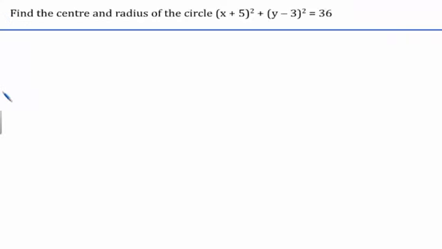In this question, we have to find the center and the radius of the circle whose equation is given to us as x plus 5 whole square plus y minus 3 whole square is equal to 36. Let's begin with the solution.